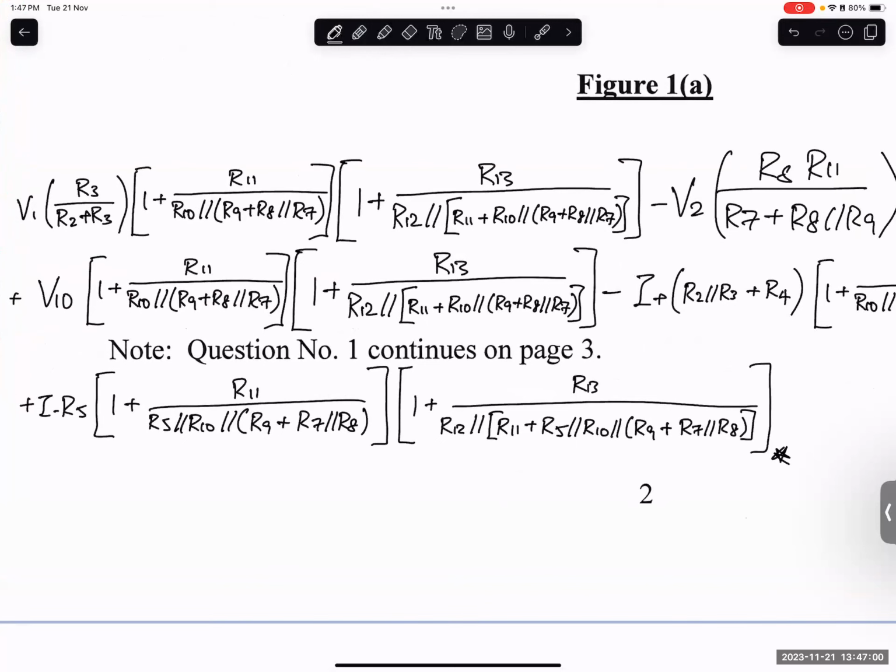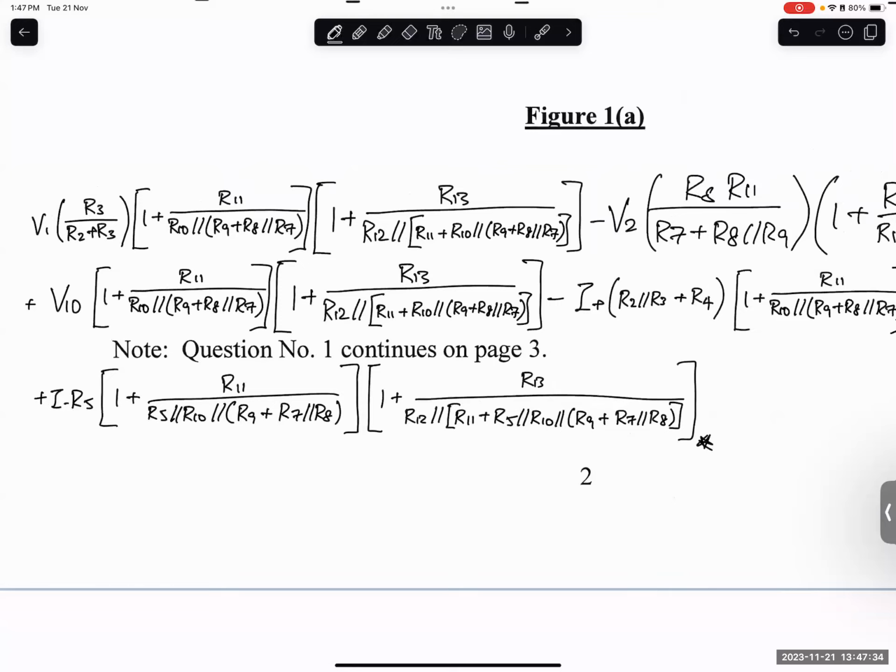R12, R11, then R10, R9, 8, 7, yeah, correct. But he got I minus times R5. Open up, become the same one. Then this I minus R11, R11 plus R. I think that one is the multiply. Yeah, correct. Okay, next question.